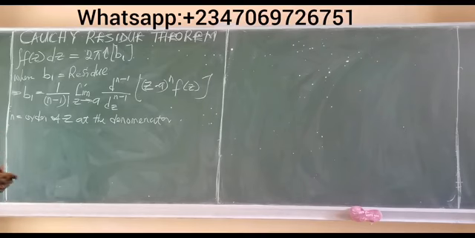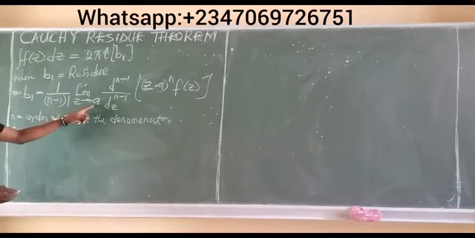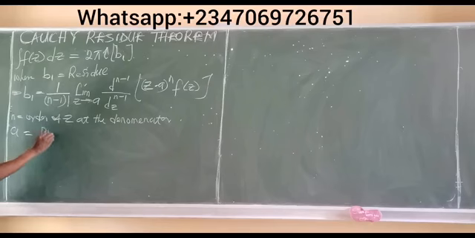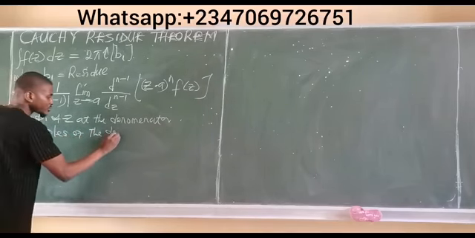Whenever a question is given to you, the highest power of z at the denominator after factorizing becomes n. And a, from this relationship, is simply the poles of the denominator.